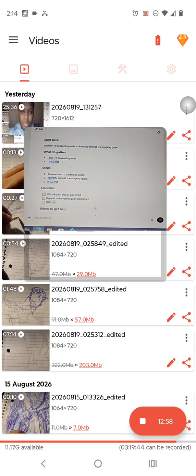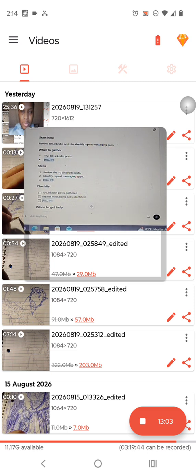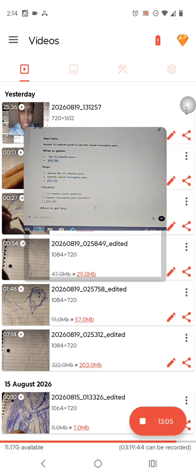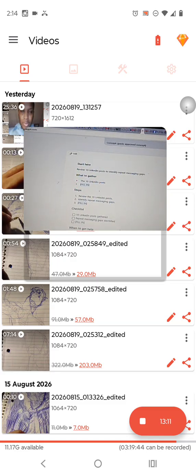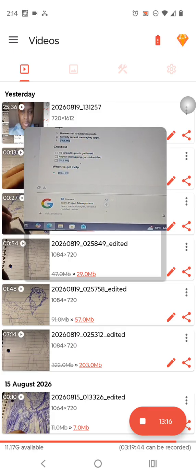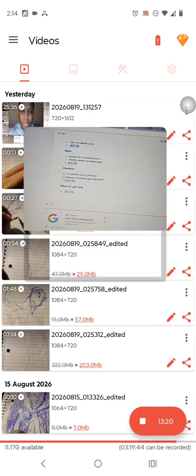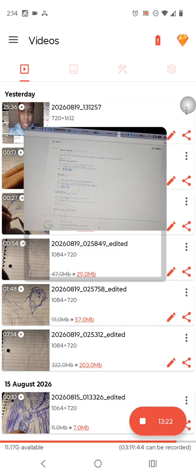The checklist is 10 LinkedIn posts gathered, repeat messaging gaps identified, and then there's fill in. Then when to get help, which we fill in too. So that's just addressing the information that was in this prompt.